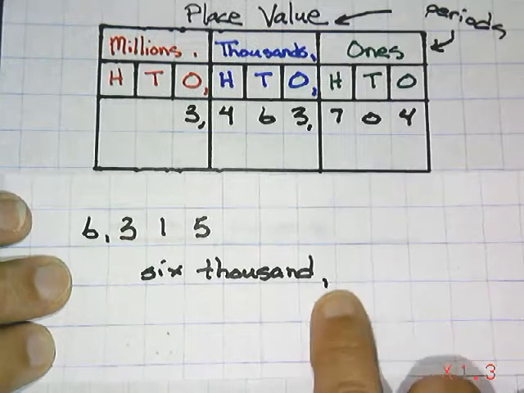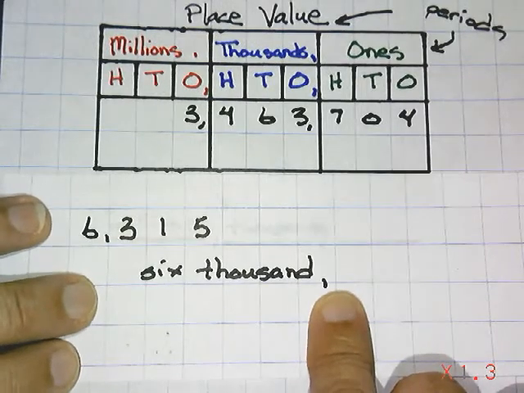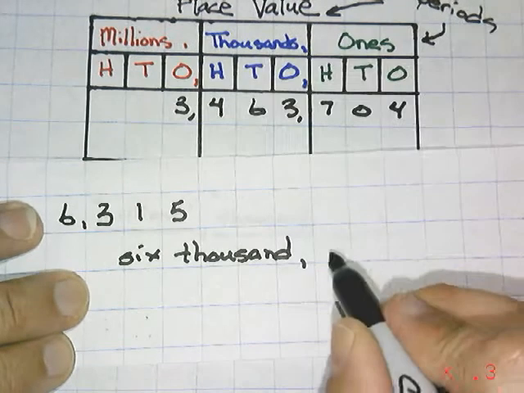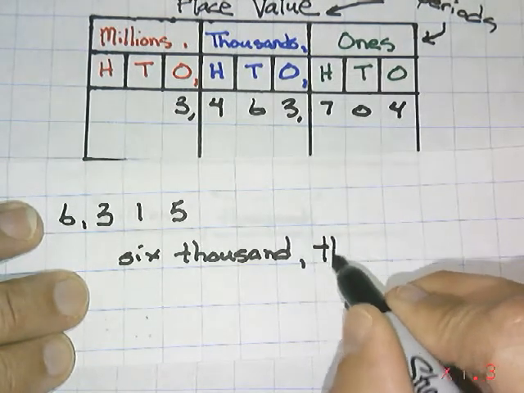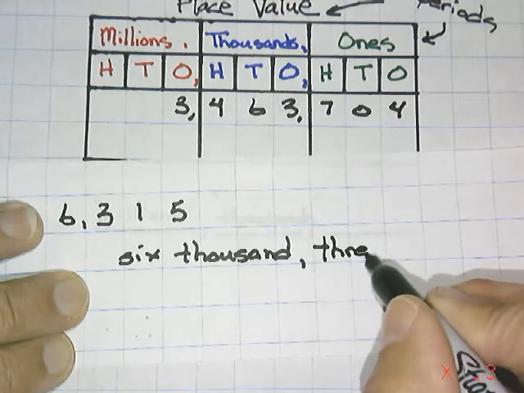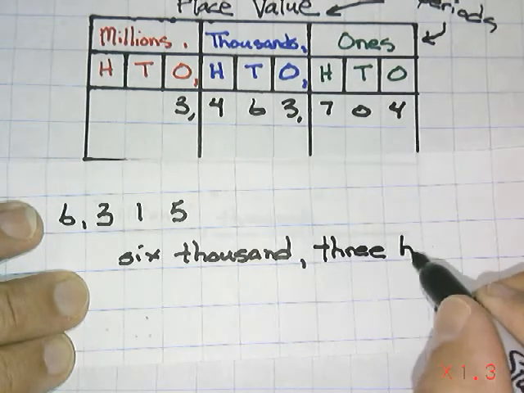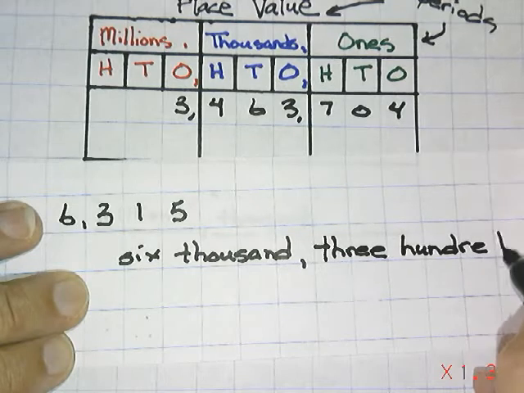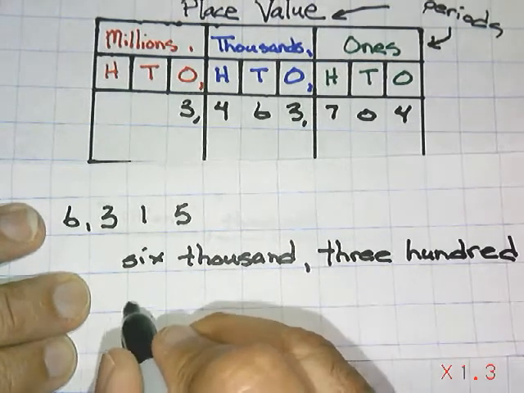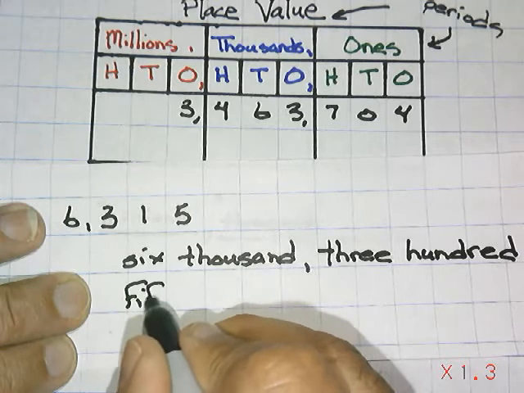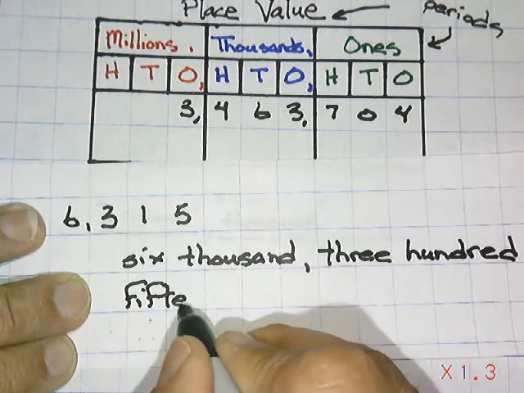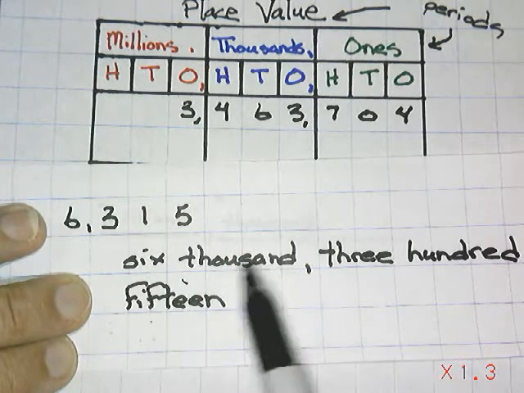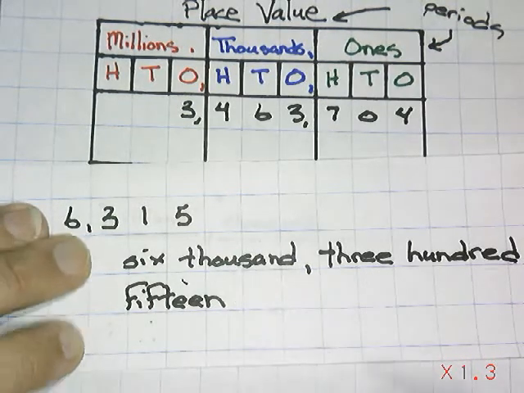You are supposed to use the comma when you write it in word form. And now here we have 315. I'm going to write that just like it sounds, three hundred fifteen. So word form would be six thousand, three hundred fifteen.